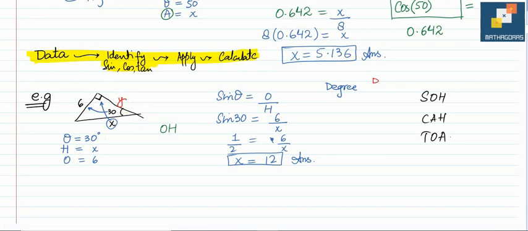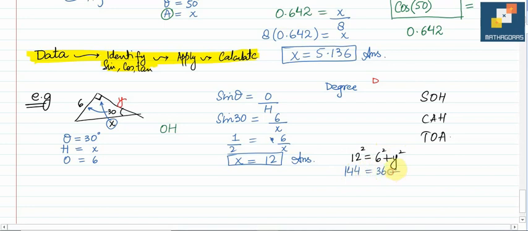So if we apply Pythagoras in the same question, it will be 12 square is equals to 6 square plus y square. 12 square is 144 is equals to 6 square, 36, plus y square, right? Now you need to subtract 36 from 144.